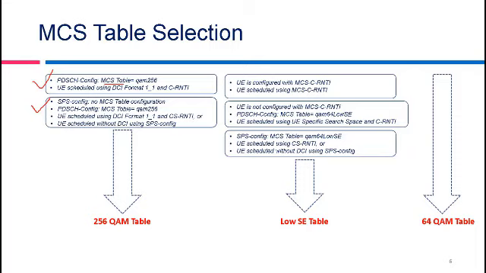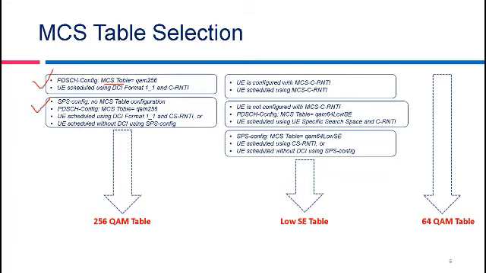The second table we can take is the low SE table. This is the QAM 64 low SE table, and selection of this table can be done using RRC signaling or physical layer signaling.